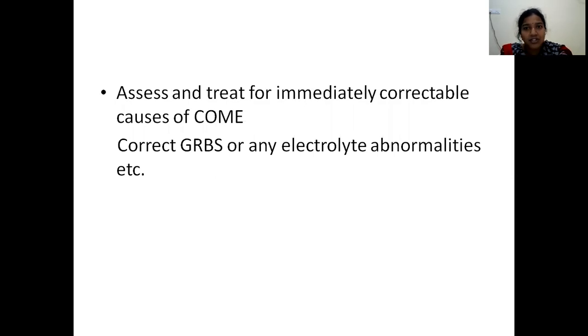So assess and treat for immediately correctable causes of coma. As I told you, we should search for causes like hypoglycemia, any altered electrolyte level, any hypovolemic shock, or any infections as in case of meningitis.